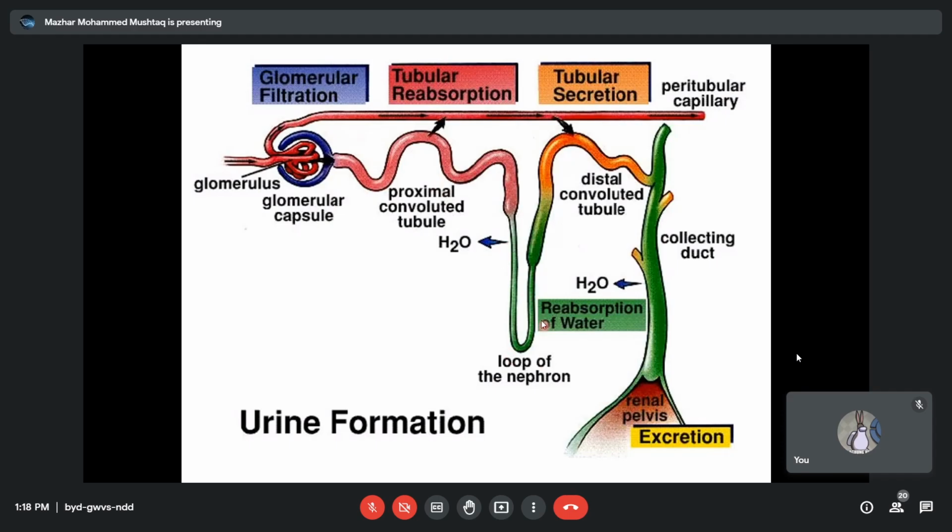In the loop of Henle, there is concentration going on. The urine becomes more and more concentrated, and if the concentration of something is very high, then there is tubular secretion going on in the distal convoluted tubule, and then it moves into the collecting duct, where the final reabsorption of water takes place, depending on the amount of water there is in our body.